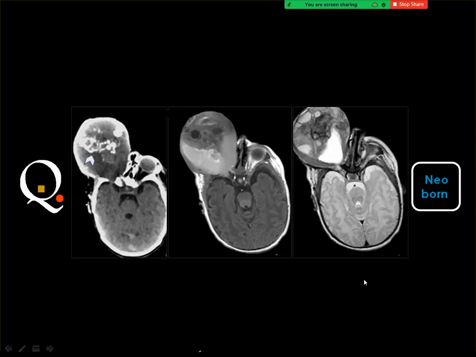Then the next case is also a newborn with a big, very big mass inside the right orbital cavity and protruding markedly anterior to the orbital cavity, and you cannot identify the globe.